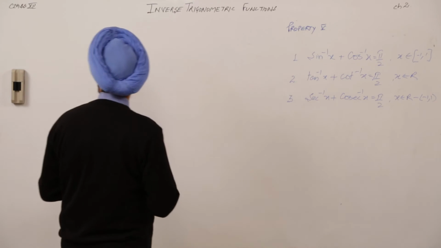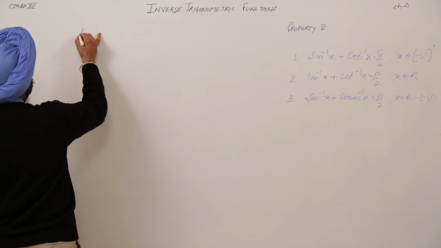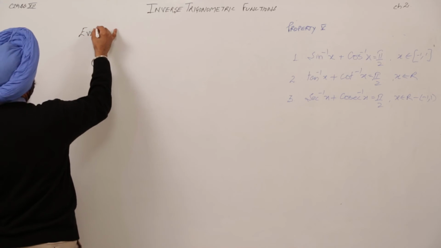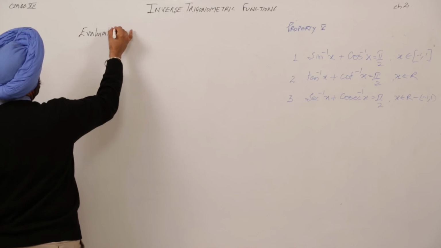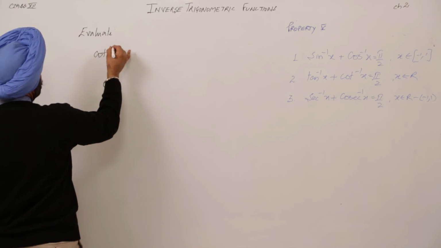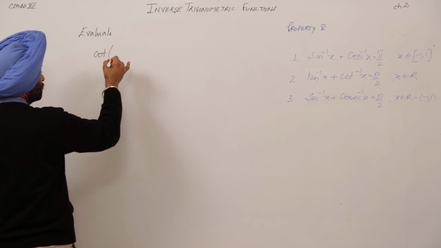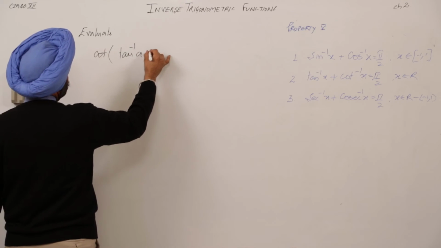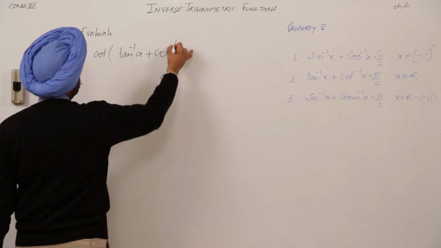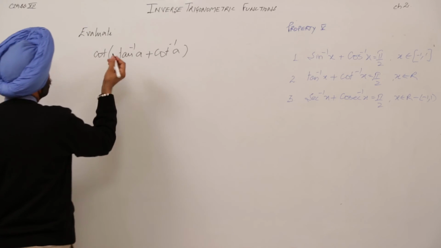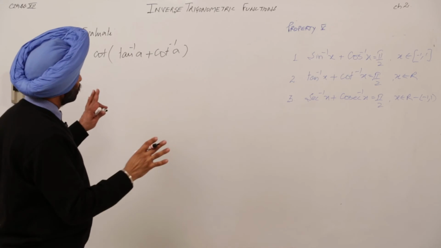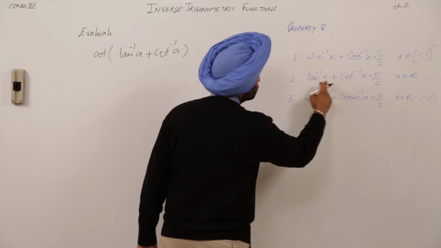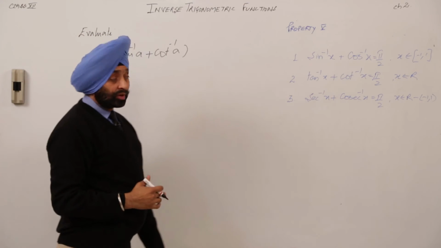Question number 1: evaluate cot of the bracket tan inverse A plus cot inverse A. Now we have to tell what the result is. Clearly from the property, tan inverse x plus cot inverse x is equal to pi by 2.